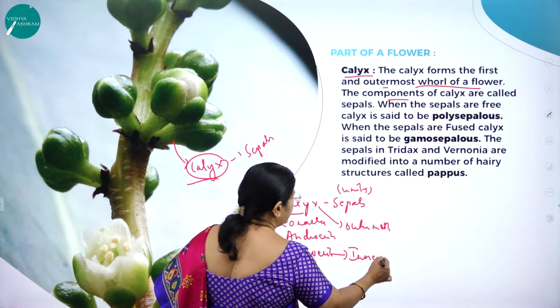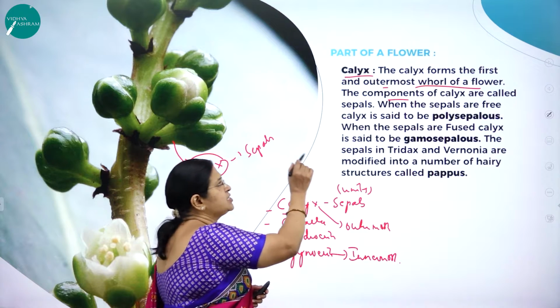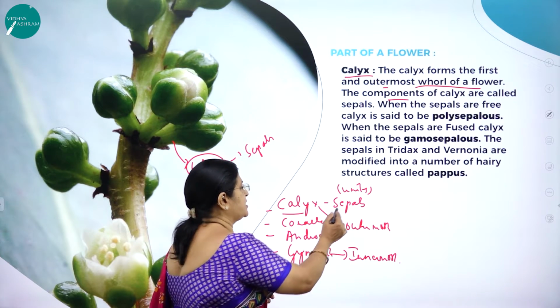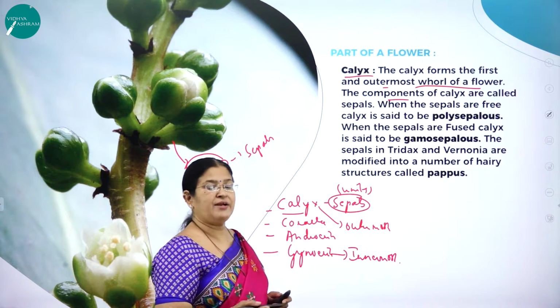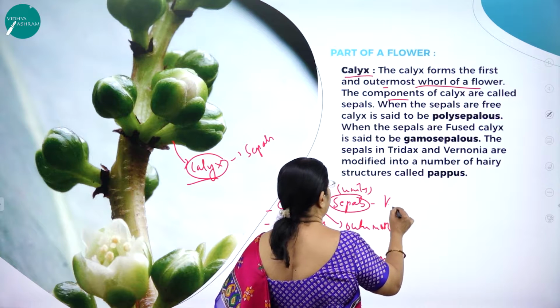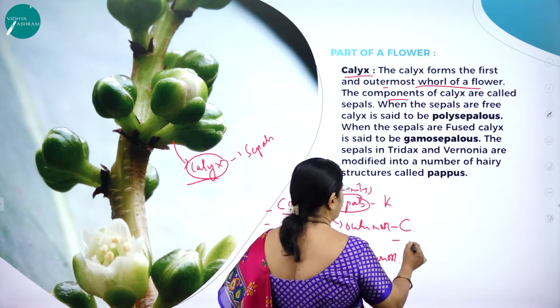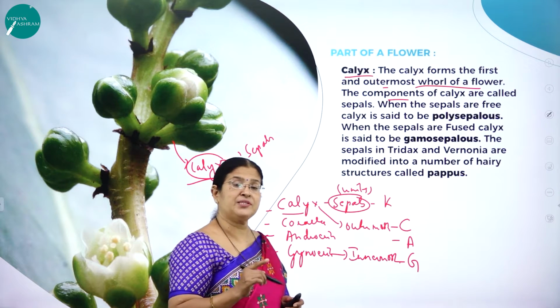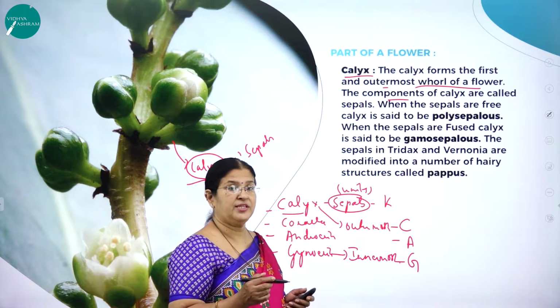Gynoecium is the innermost. So calyx forms the outermost whorl of a flower, and the components of calyx are called what? Sepals. And very important, what is the symbol you are going to write for calyx? K. For corolla, C. Androecium, A. Gynoecium, G.